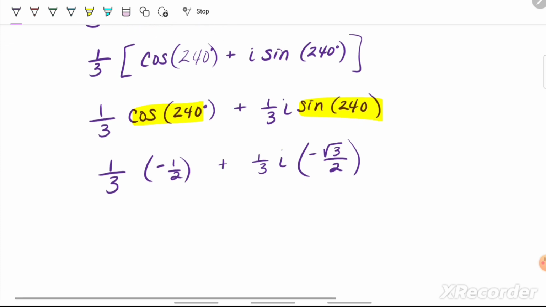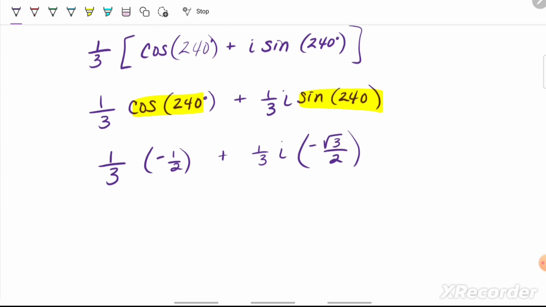And now we'll do some cleanup. 1/3 times negative 1/2 is negative 1/6. Now here we're going to have a positive times a negative, so this will be minus. Multiplying 1/3 times square root of 3 over 2, that's going to give us i times the square root of 3 over 6.